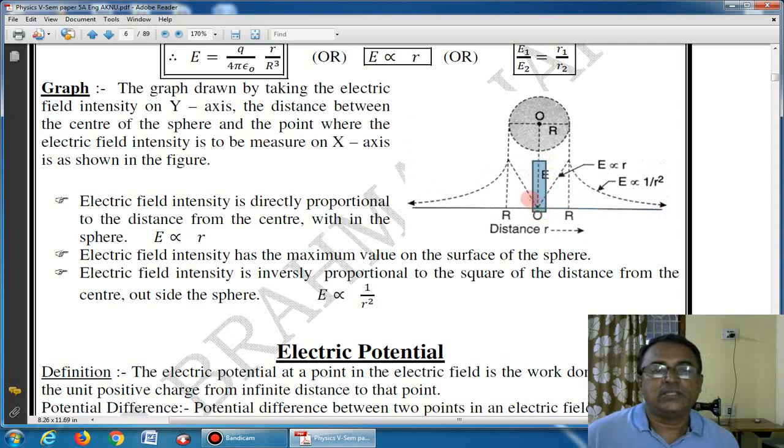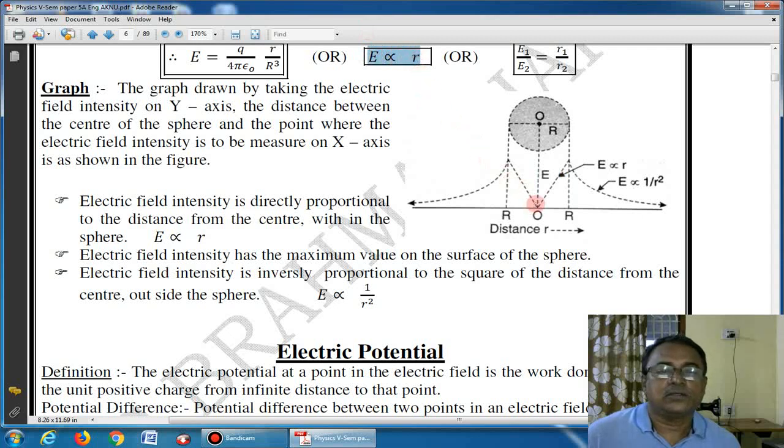Then within the sphere the relation between E and small r is directly proportional, so we get a straight line passing through the origin, this one, because E and r both are directly proportional.